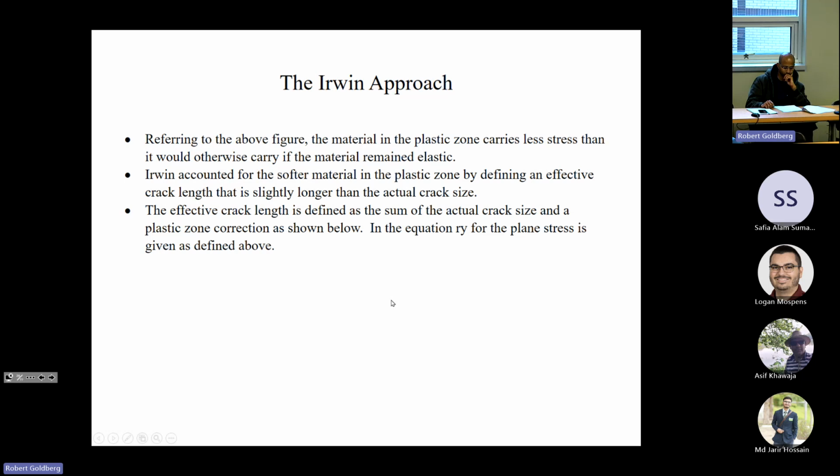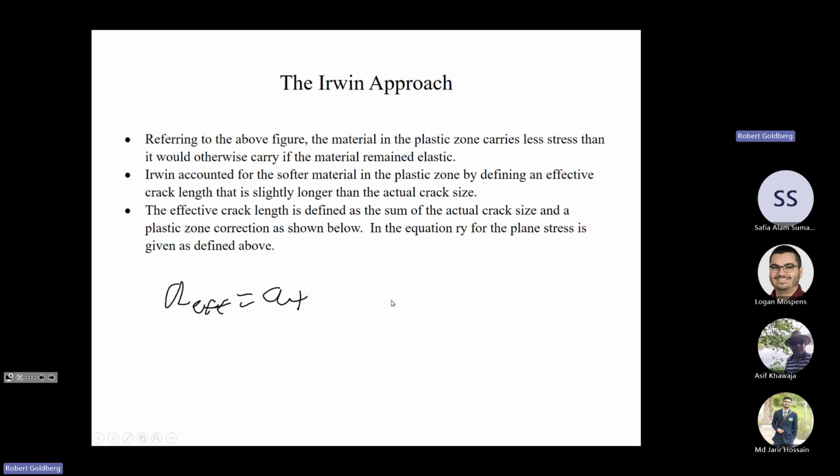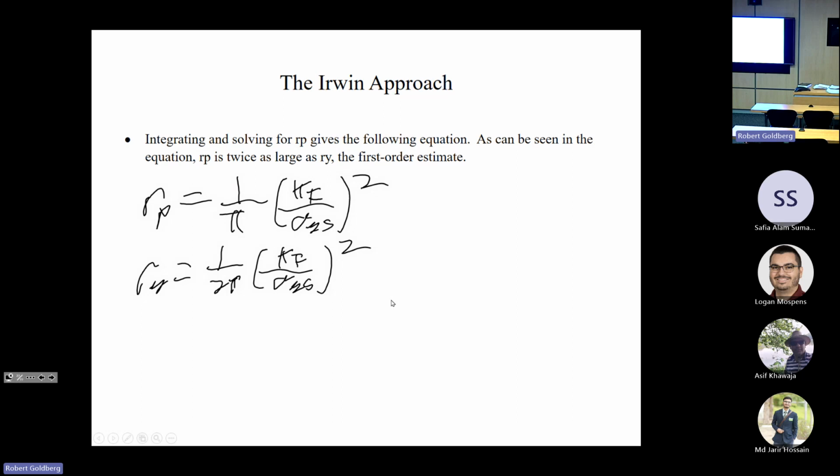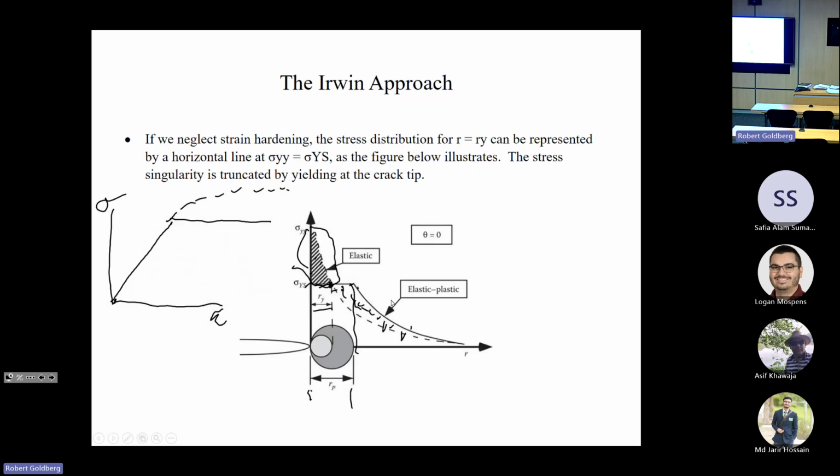He defined the effective crack length as equal to our original crack length plus the radius from the plastic solution. So from here to here is our effective crack length.